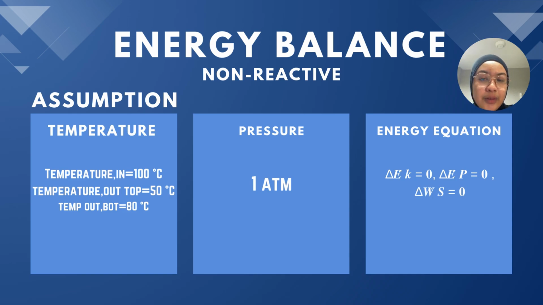For the temperature in, we assume it is 100 Celsius, the temperature out for the top is 50 degrees Celsius, and the temperature out for the bottom is 80 degrees Celsius. For the pressure, we assume in and out is 1 atm, and for the energy equation, the change of kinetic energy, potential energy, and also the shaft work are all equal to 0.